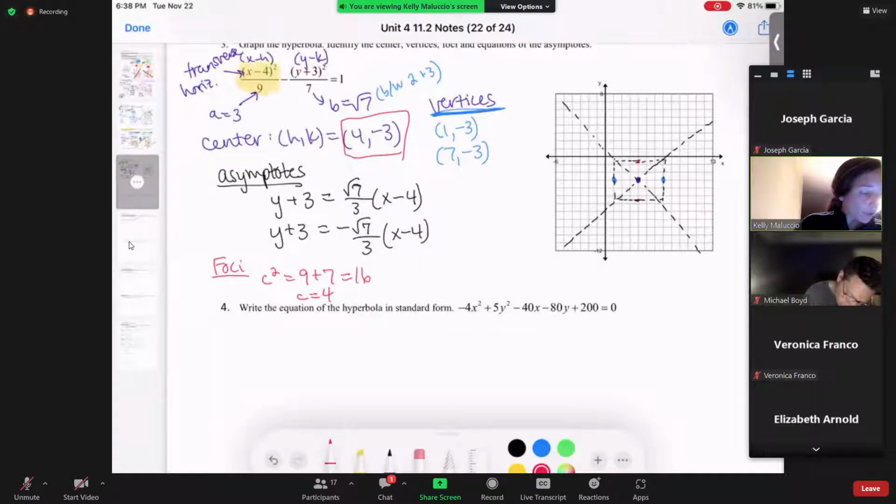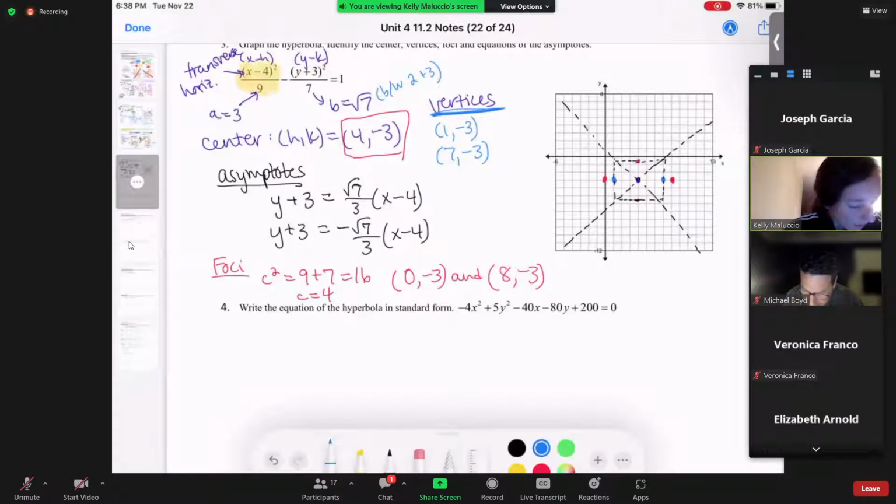So my foci points are 0, -3, and 8, -3. And they would go here and here. And then if I wanted to connect this graph, it would look something like this. Okay, ignore my really poorly drawn curves, but something like that, right?